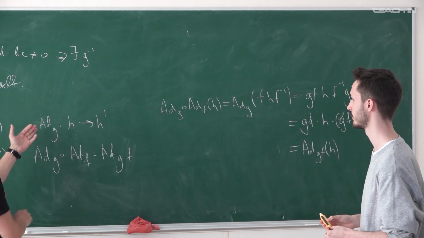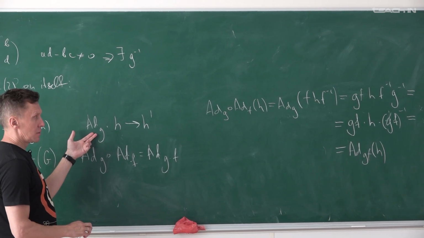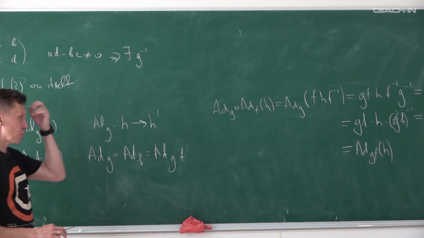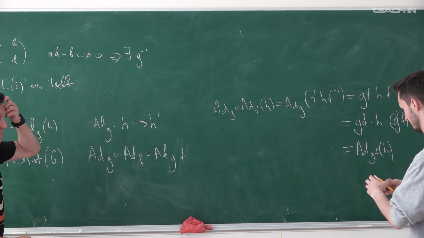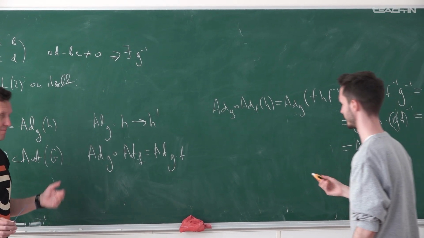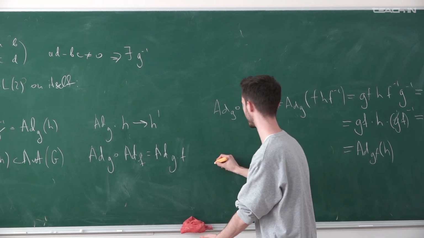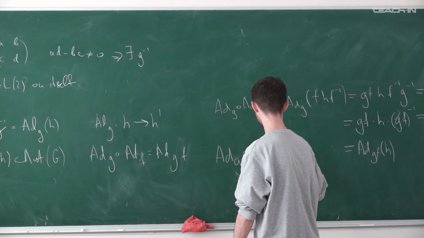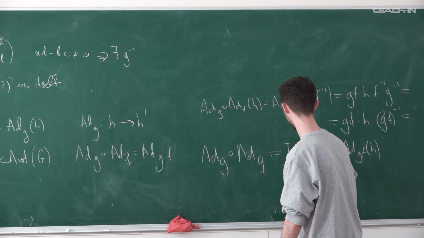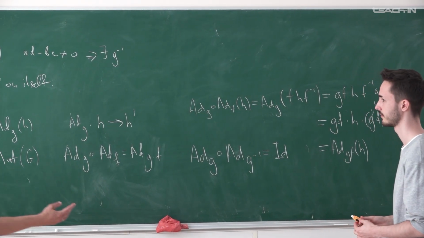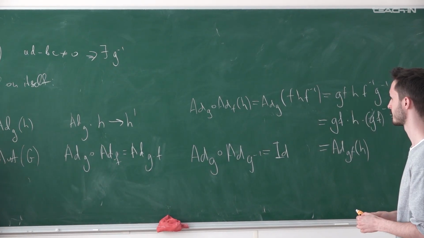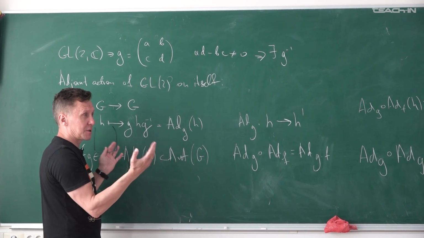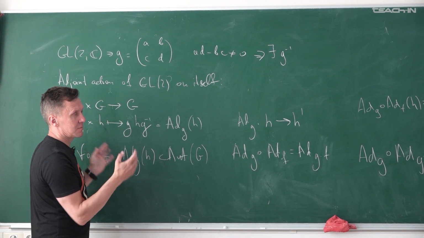But could you understand now why this is a bijection? Could you find its inverse? Yes. We can notice that this is true, because it's the adjoint action with respect to the unit element, and the unit element acts as an identity, bijection, just H to H. It's the identity map.